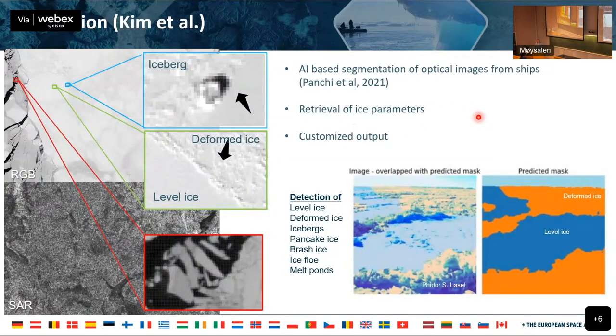There's also another contribution from Kim et al., which uses AI-based segmentation of optical images taken from the ship to retrieve ice parameters. You can see here information about icebergs, deformed ice, and level ice. Here we have one image taken from a ship and the resulting predicted information about the different ice types.